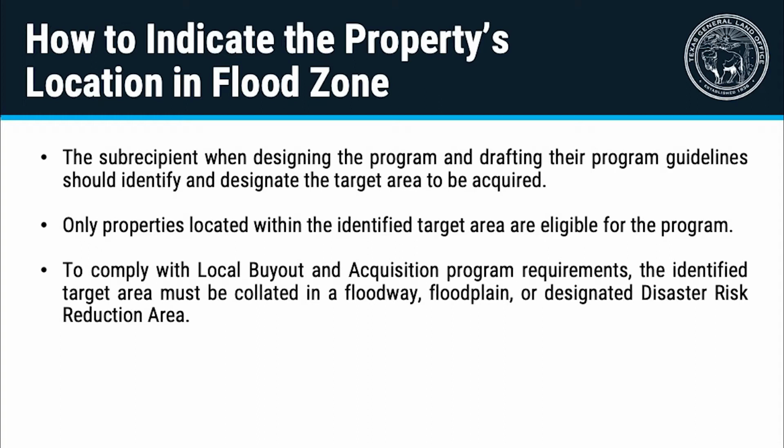Only properties located within the identified target area are eligible for the program. To comply with Local Buyout and Acquisition Program requirements, the identified target area must be located in a floodway, floodplain, or designated disaster risk reduction area.